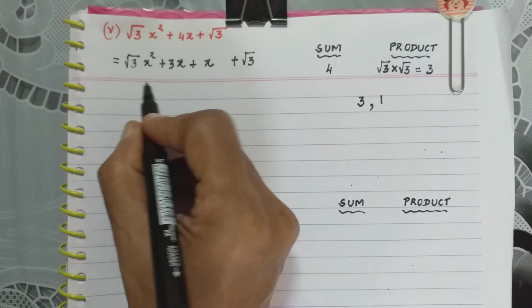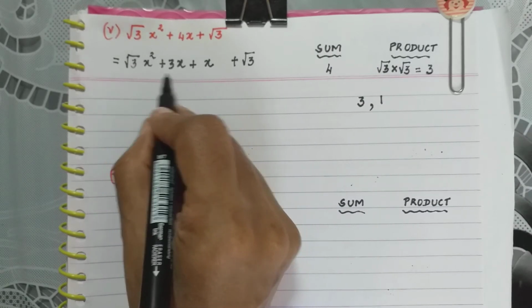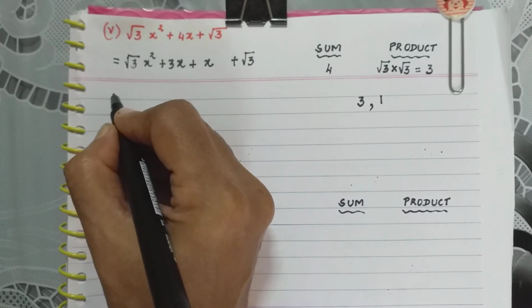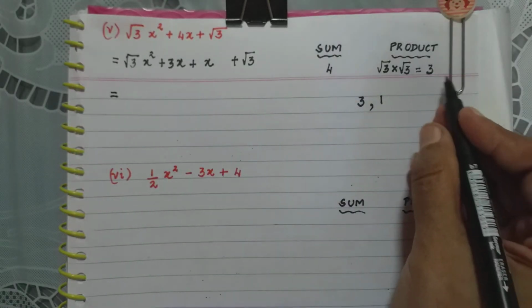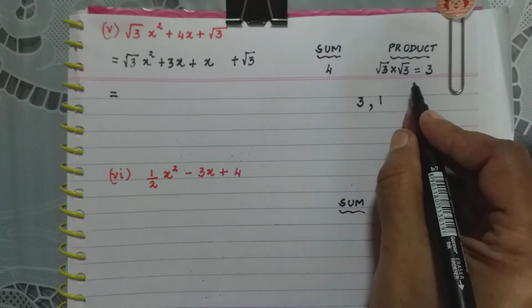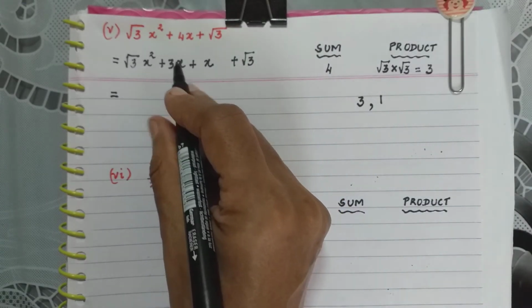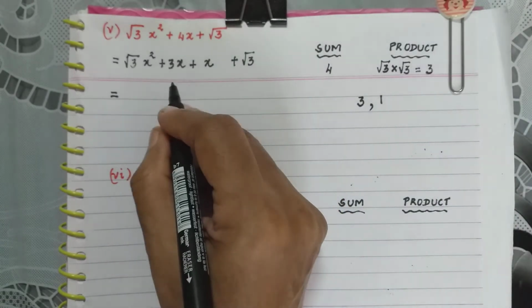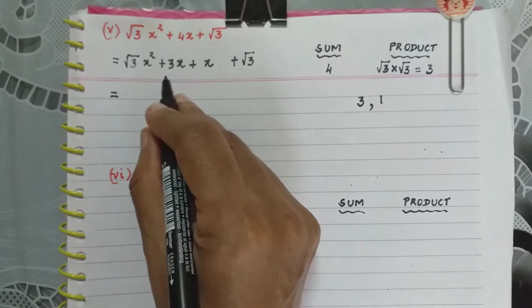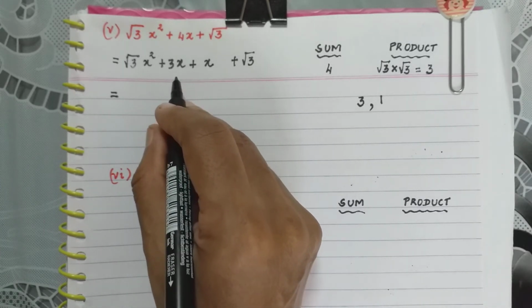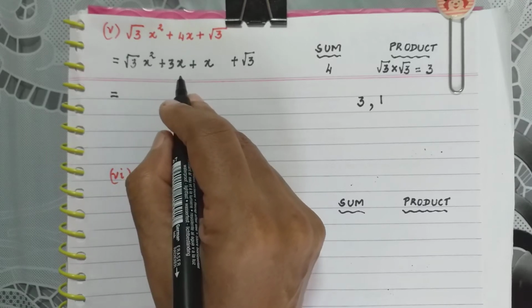Now what is the next step? To take common in the first two terms. So now you must remember 3 we got as √3 into √3. That means I can say that √3 is present in 3. So when I am taking common from this term, I can say that this is √3 into √3.